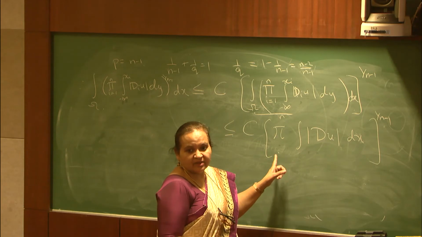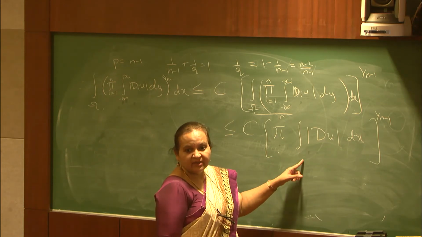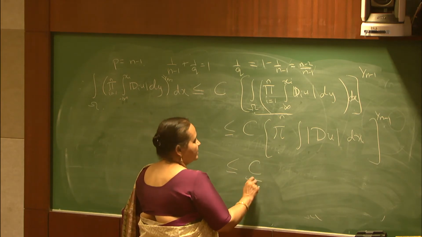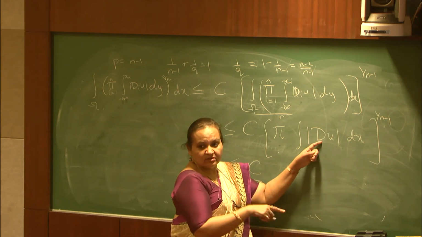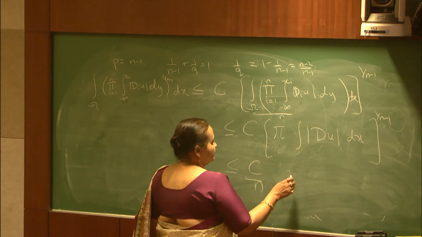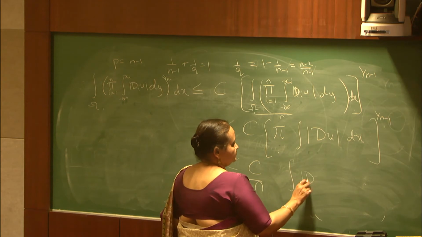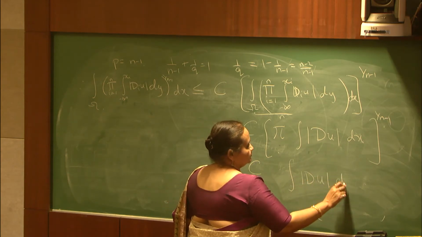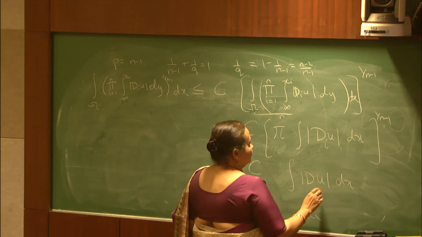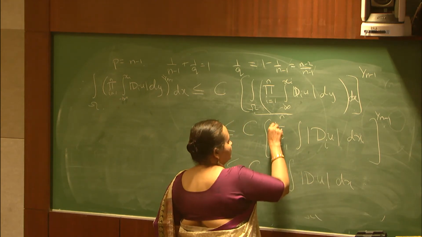Okay. So you can apply your arithmetic mean, geometric mean inequality, and you will get less than equal to c by n. And this is not, square root of 1 by n is not there. So I am going to put here di of u, i goes from 1 to n.